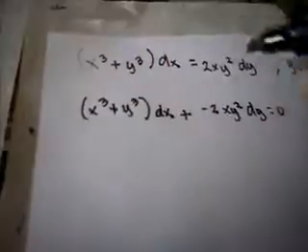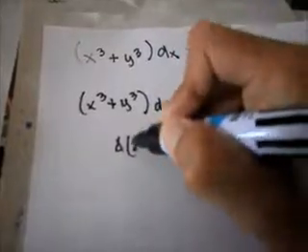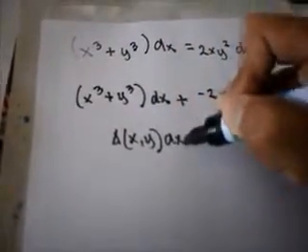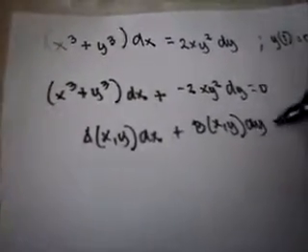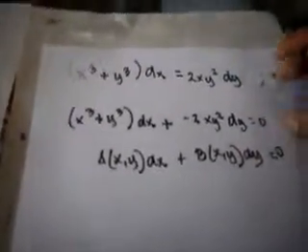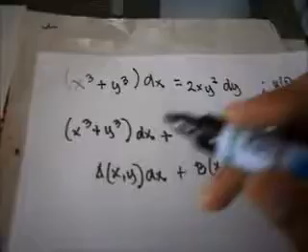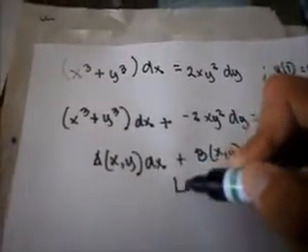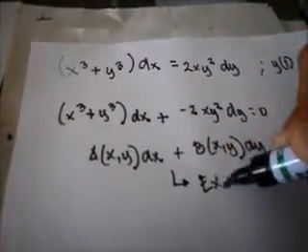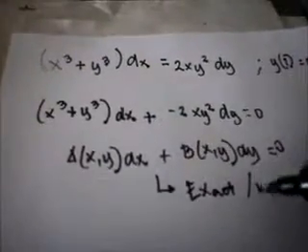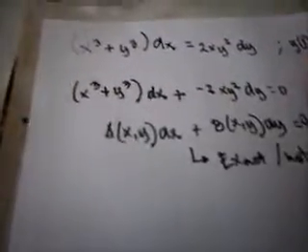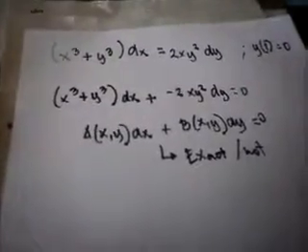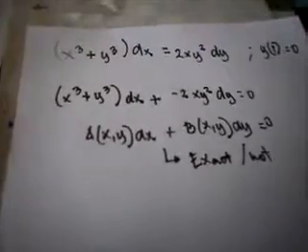This form is familiar. Again, it's in the form M dx plus N dy equals 0. So we can check whether the equation is exact or not. If it's not an exact equation, we need to find an integrating factor, just as we did in our first example.